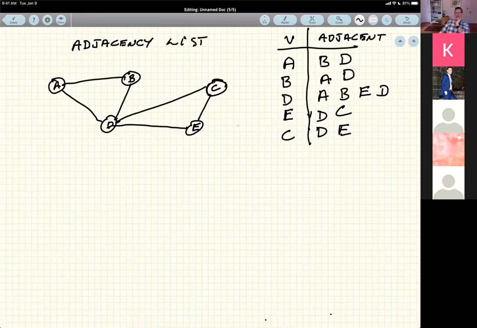You have to change what vertex D is adjacent to, to match. So that should be C over here, right? Thank you. Okay, so this would be the adjacency list of this particular graph.